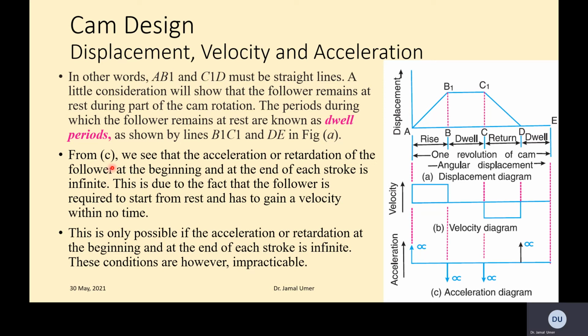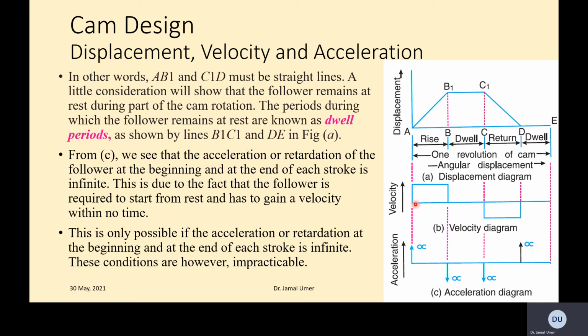From the figure, we see that the acceleration or retardation of the follower at the beginning and end of each stroke is infinite. Why is it infinite? This is due to the fact that the follower is required to start from rest and has to gain a velocity in no time. So you see, this diagram is drawn only from the velocity.